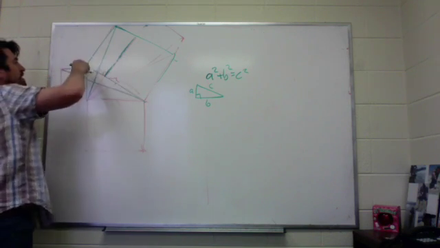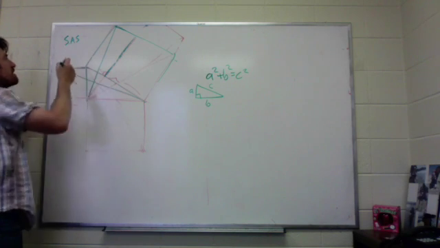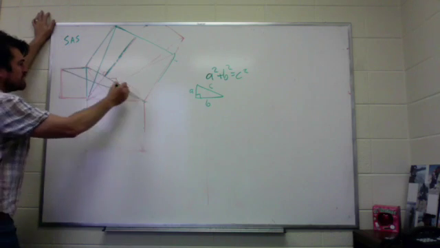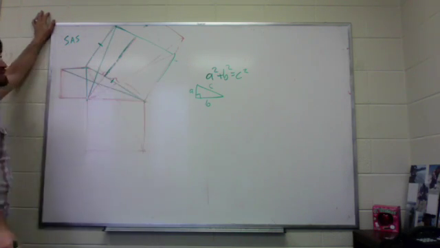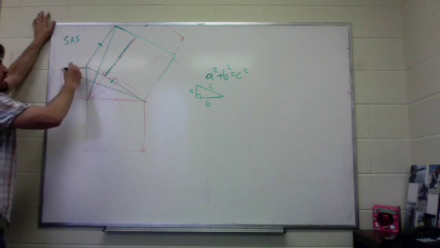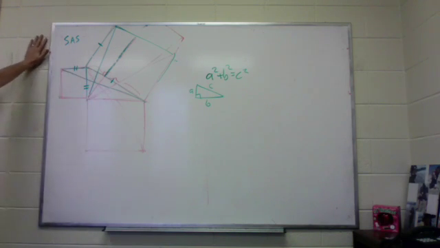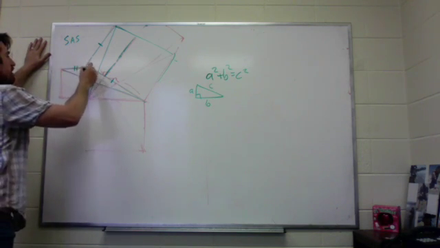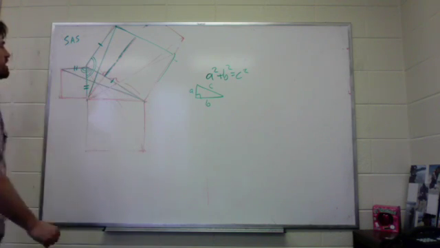I'm going to show that these two triangles are the same by showing that they satisfy the side-angle-side equality. And so what do I know? Well, because this is a square, I know that this side is the same length as this side. Likewise, I know that this side is the same length as this side. Finally, I know that this angle is the same as this angle. And why do I know that?